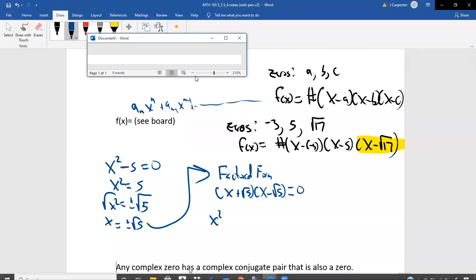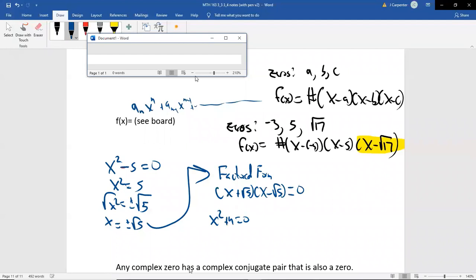Or if you have x squared plus 4 equals 0, when you do that work, you eventually get down to x equals plus or minus 2i, which says the factored form, f for factored, would be x minus 2i times x plus 2i. It is an insane ability to be able to factor things with square roots and imaginary numbers where there's no true factoring technique for it.